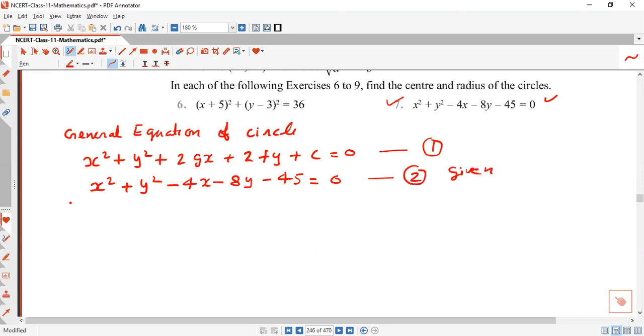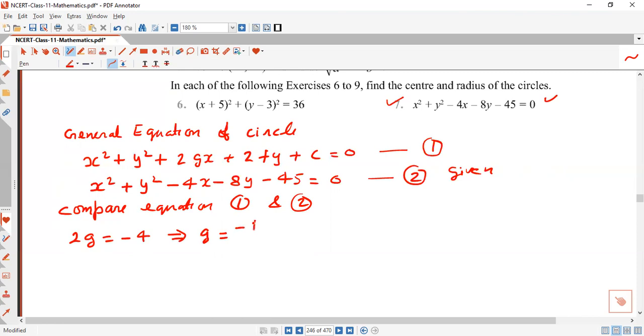Compare equation 1 and 2. So what is the value of g that comes out? 2g equal to minus 4, which implies that g equal to minus 4 by 2, that comes out minus 2.